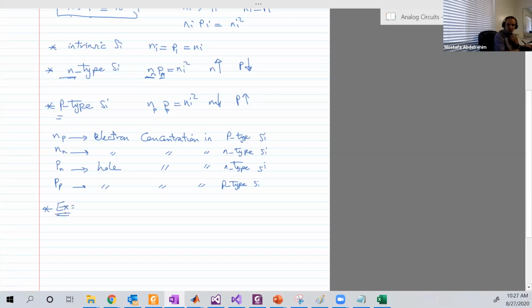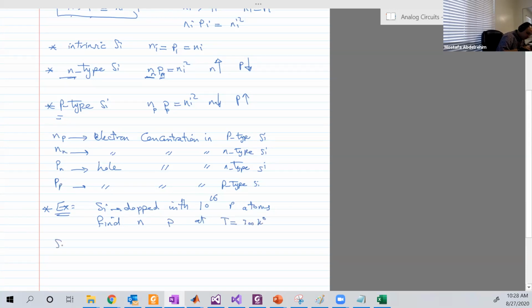This is a very good one. So let's have a silicon doped with 10 to the power 16 phosphorus atoms. Find N and P concentrations at T equal to 300 degrees Kelvin.